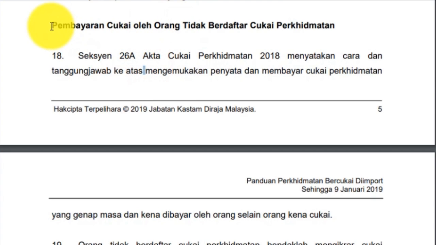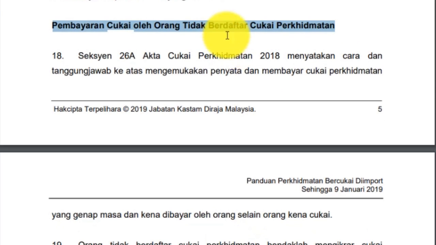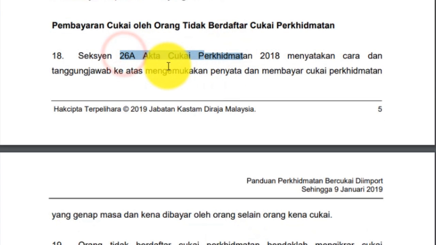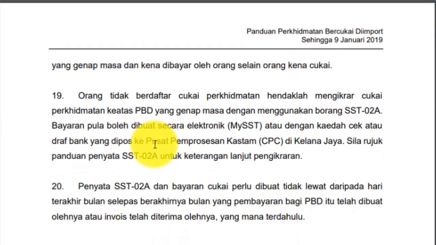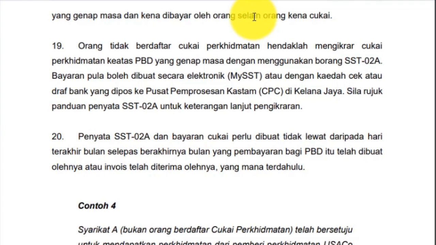For non-SST registrant, pembayaran cukai oleh orang yang tidak berdaftar cukai perkhidmatan, non-service tax registrant, under this act, okay, you have the responsibilities to declare and to pay the service tax, unless you are exempted from it.